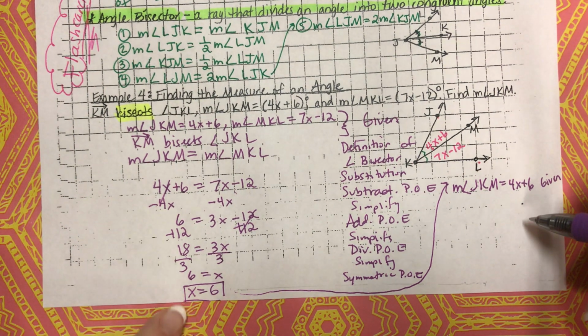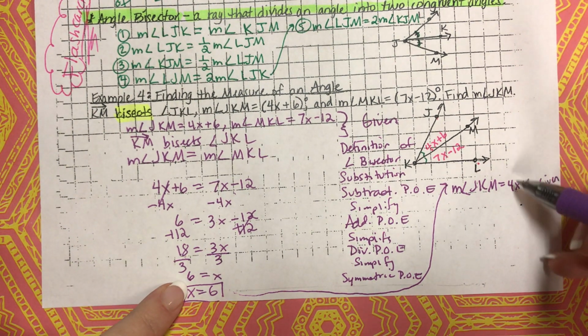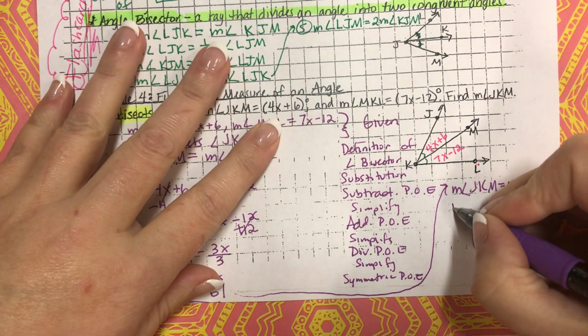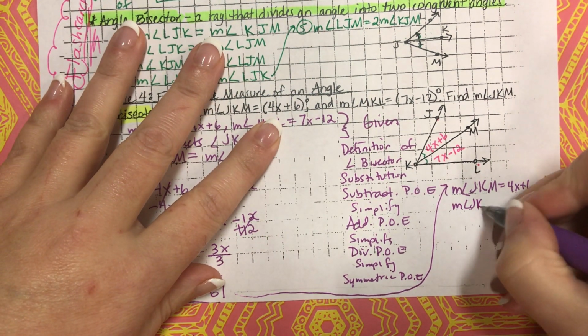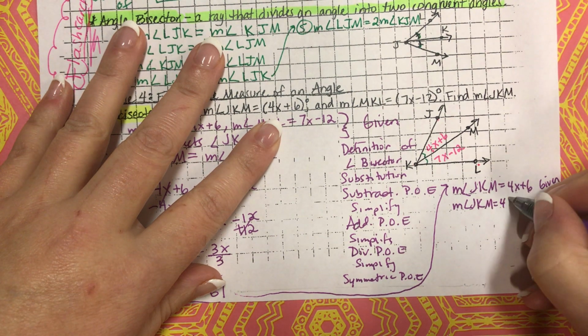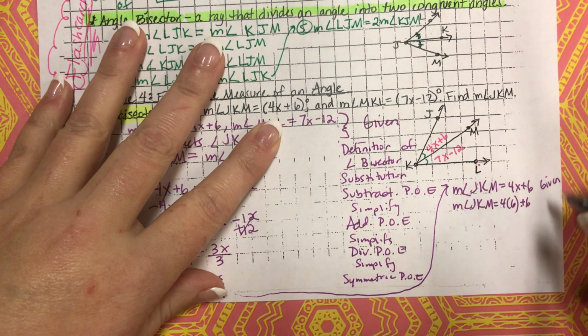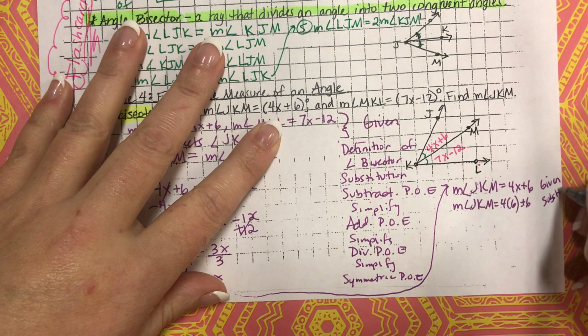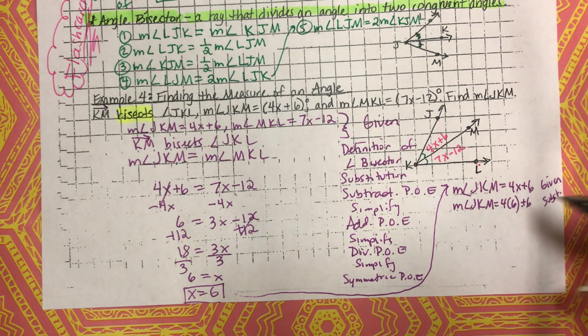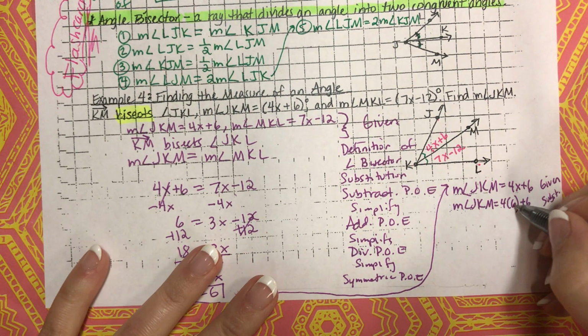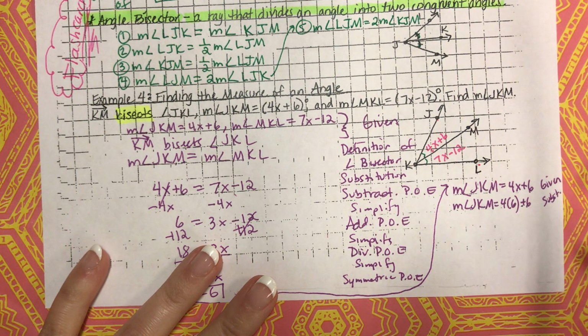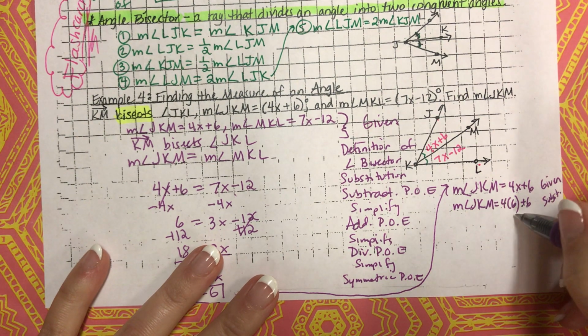And then I'm going to use substitution. So now I know that 6 is equal to x. So I'm going to substitute this 6 in there. So I have the measure of angle JKM is equal to 4 times 6 plus 6. That's just called substitution. And then I simplify, right? So do order of operations, I got multiplication and addition. So 4 times 6 is 24.